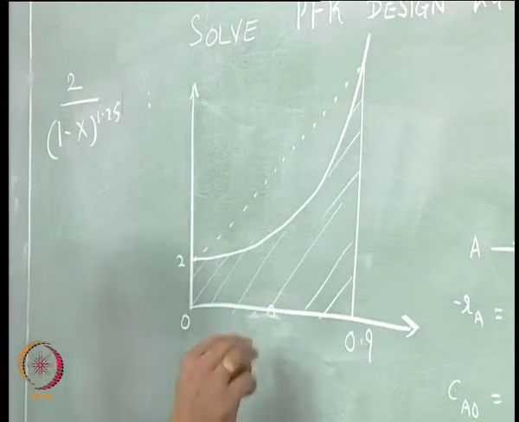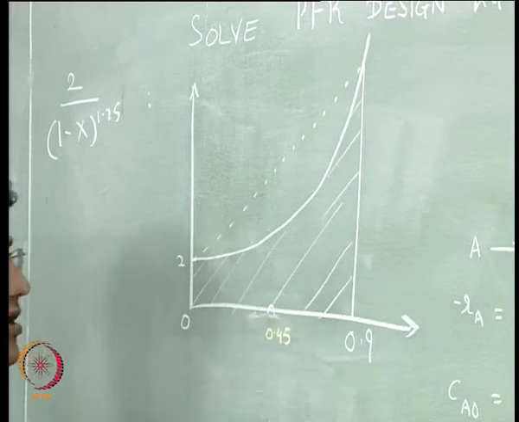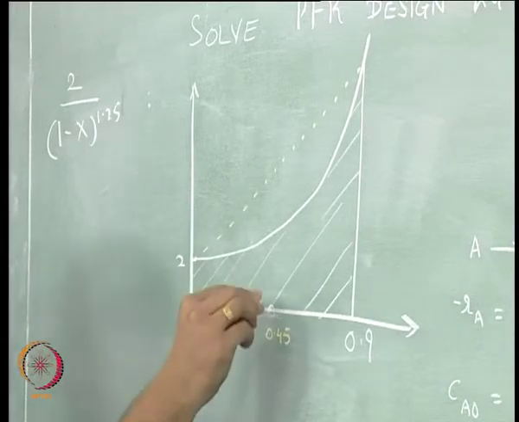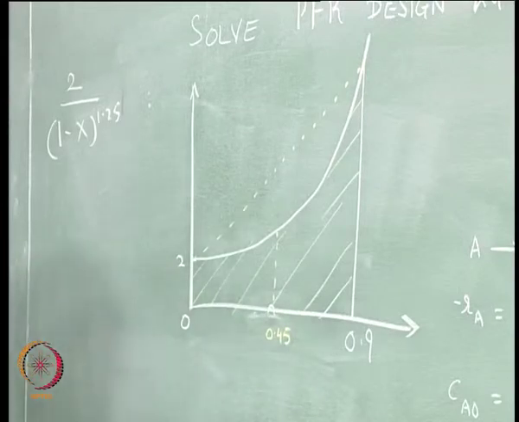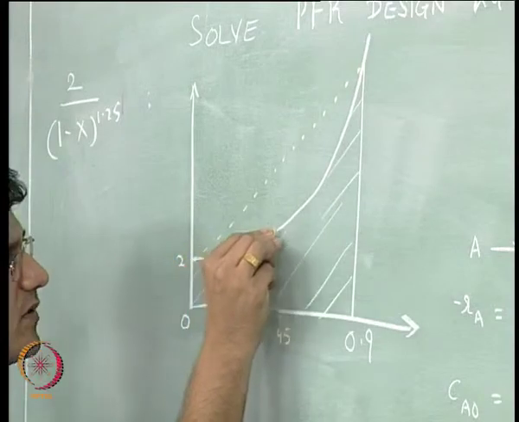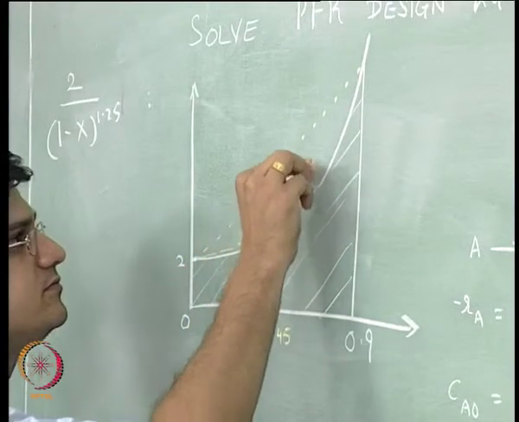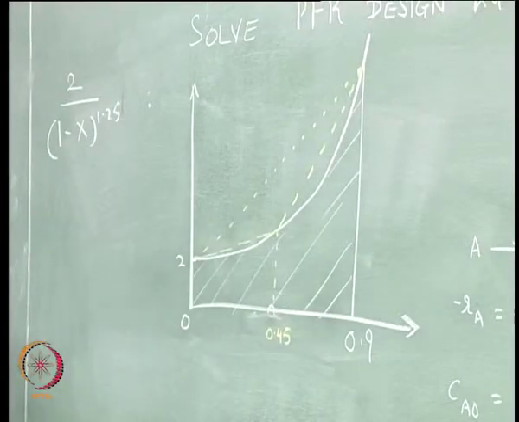Now, two applications of the trapezoidal rule means that we consider a data point at 0.45, which is essentially this point. So, two applications of the trapezoidal rule are going to be the area under this new yellow curve.